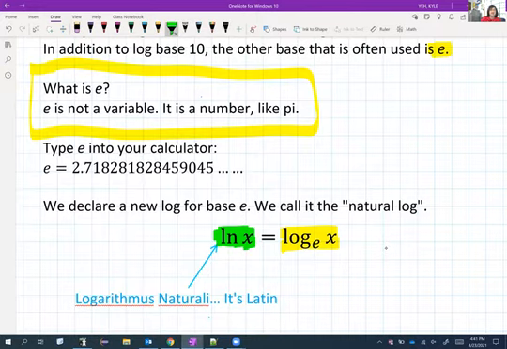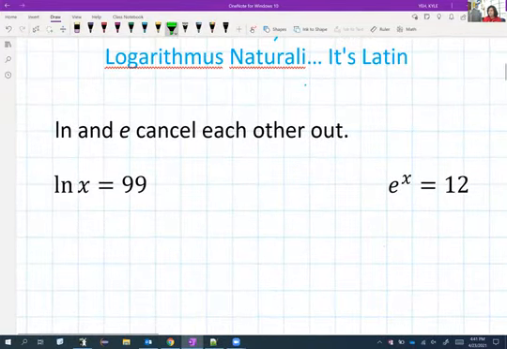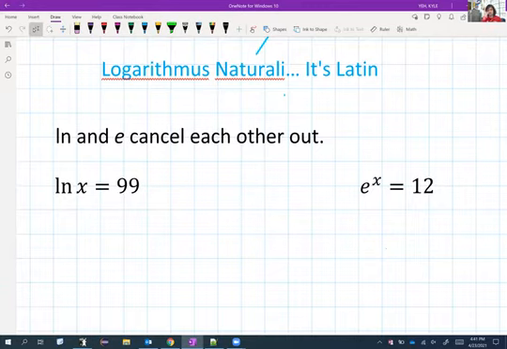And if you're wondering why it's ln and not nl, it's Latin, Logarithmus naturali. And so ln of x is the natural log of x, log base E of x. Just like any log and its base, ln and e function and kind of cancel each other out. So if we're looking at the equation on the left, ln of x equals 99, how do I cancel out an ln?